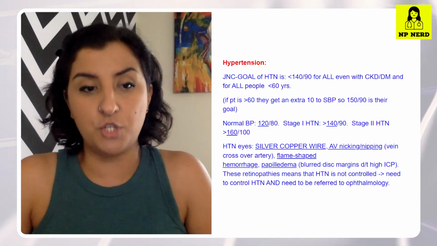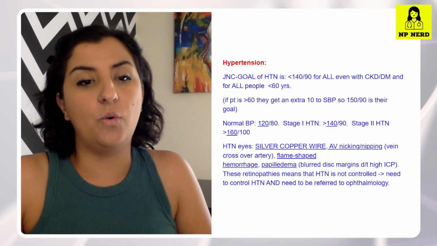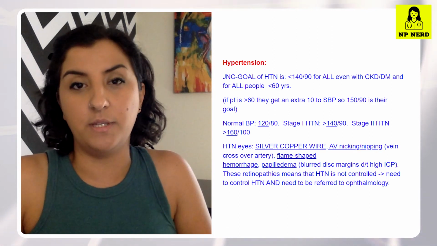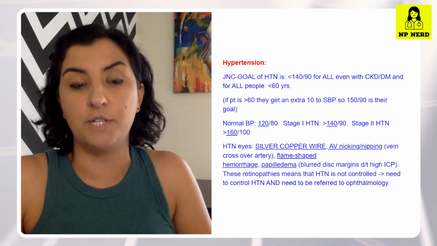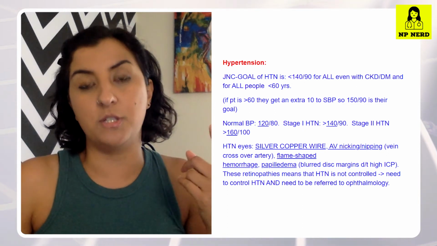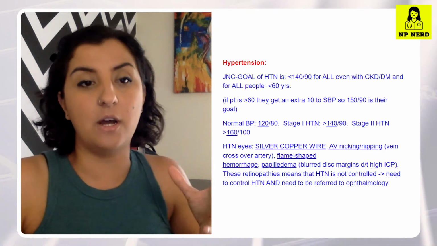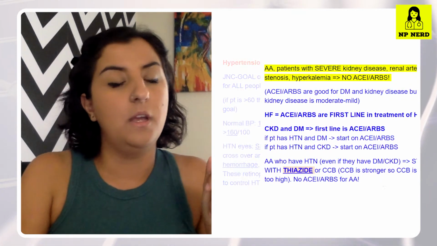And you see flame-shaped hemorrhage, papilledema. So what do these signs represent? Well, these signs represent uncontrolled hypertension. Okay, so you need to first control the patient's hypertension and refer them to ophthalmology, because these are abnormal findings.